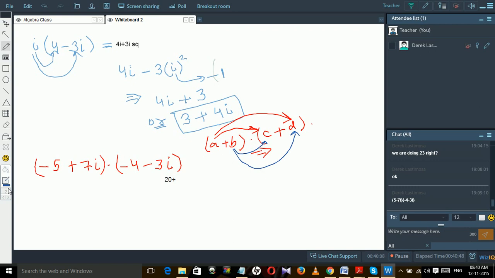Okay, you're solving it. Okay, good. 20, right? Plus 15 iota, correct. Iota square, yes.